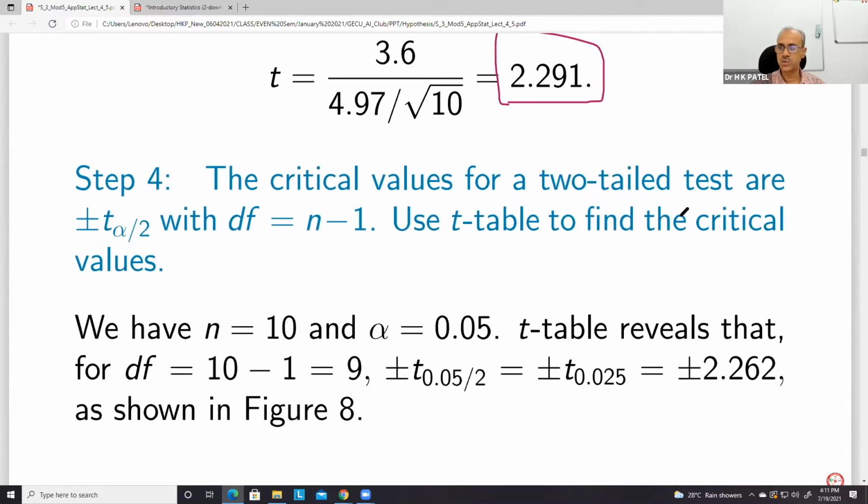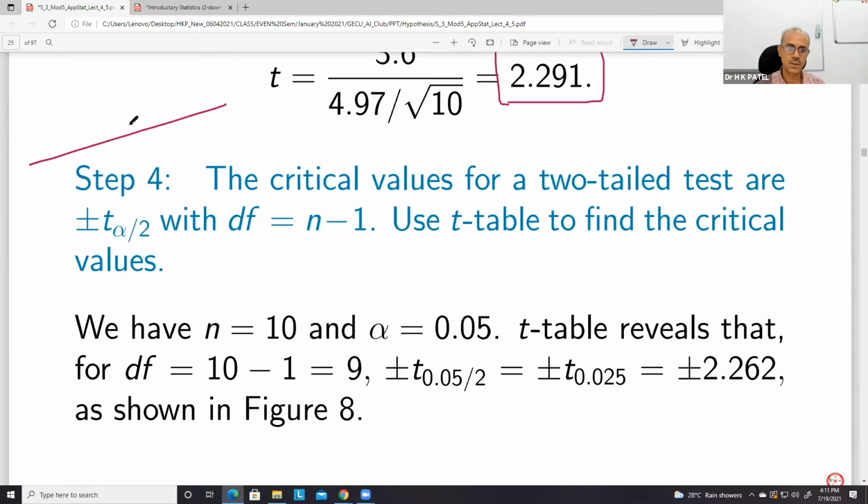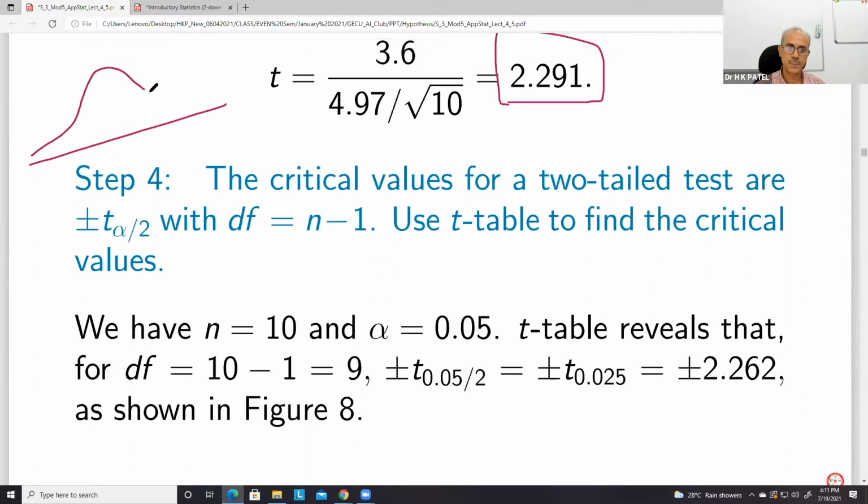Critical value is plus minus T alpha by 2. This figure, first figure, you just remember that. This is your T alpha by 2. This is minus T alpha by 2.